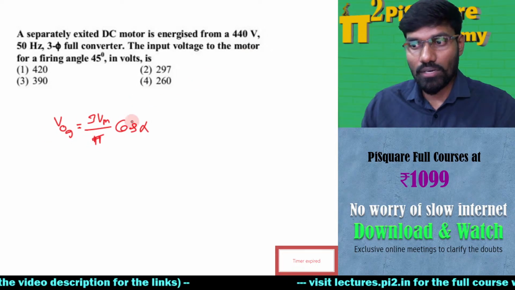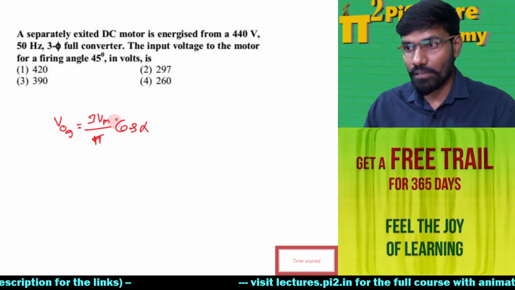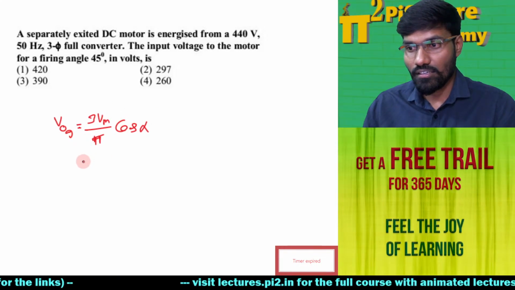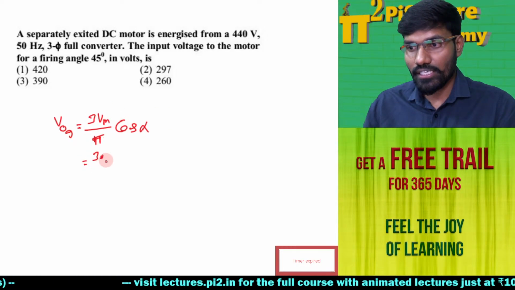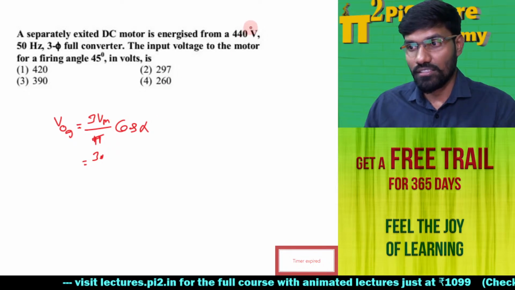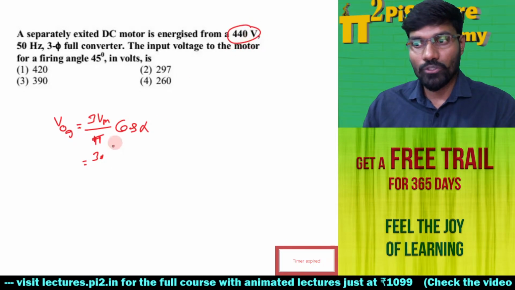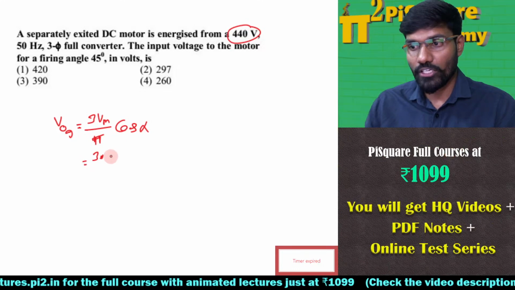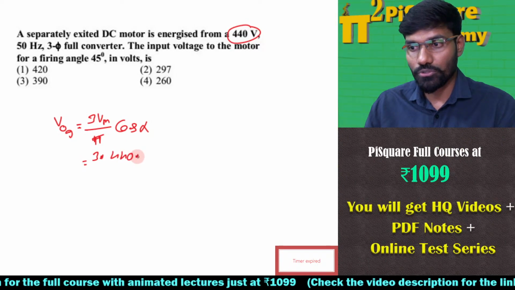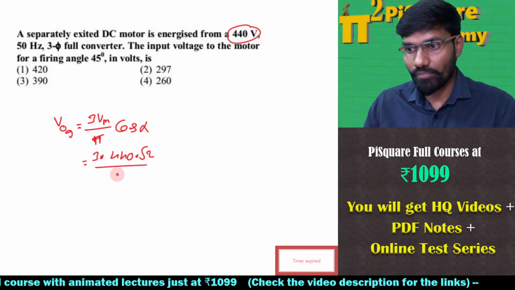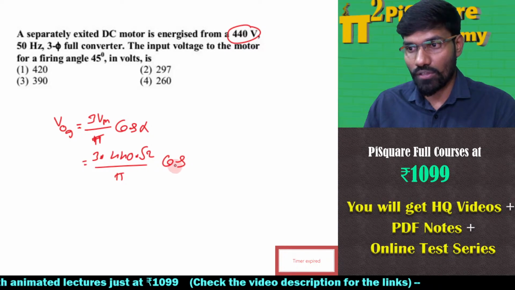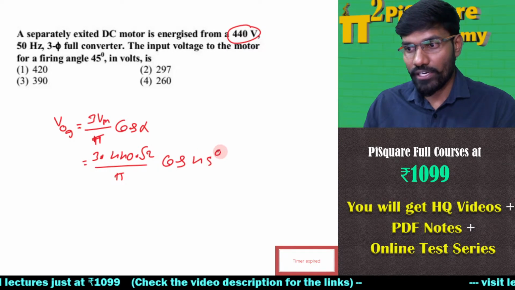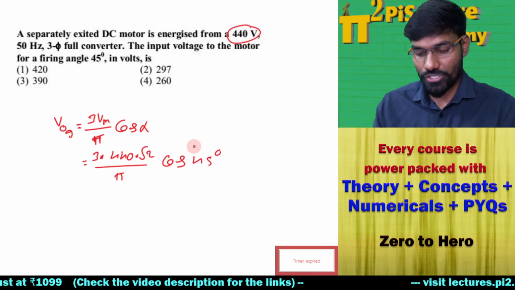Now what is the Vmax value? Vmax is root 2 times 440. So 3 times 440 into root 2 by pi into cos 45 degrees. Let me just calculate it.